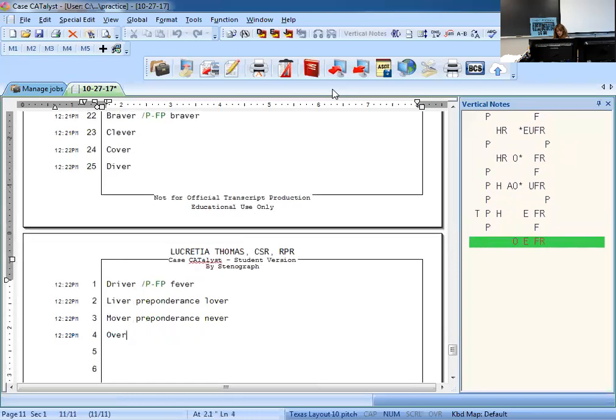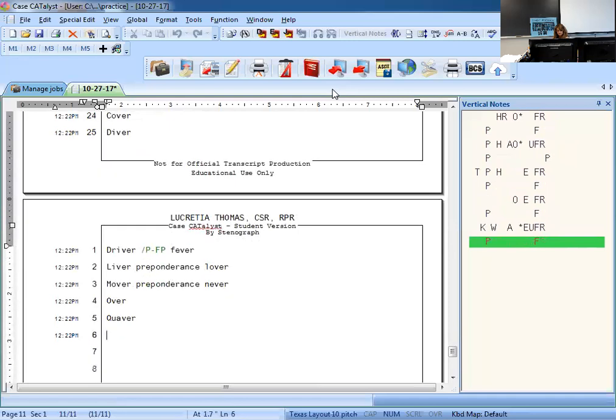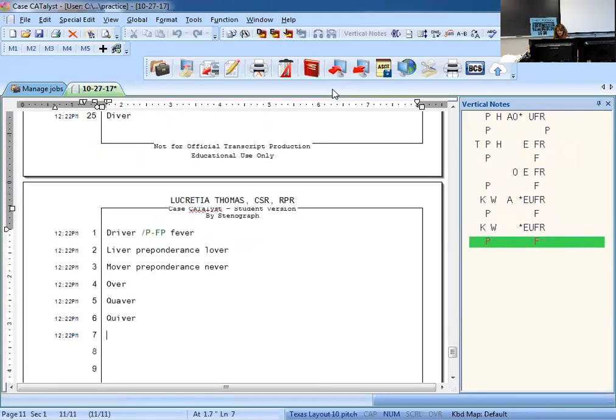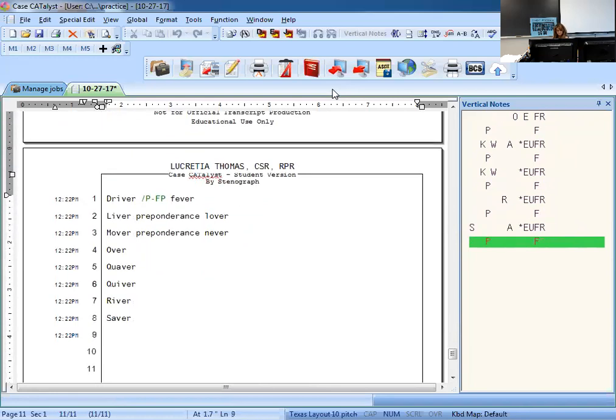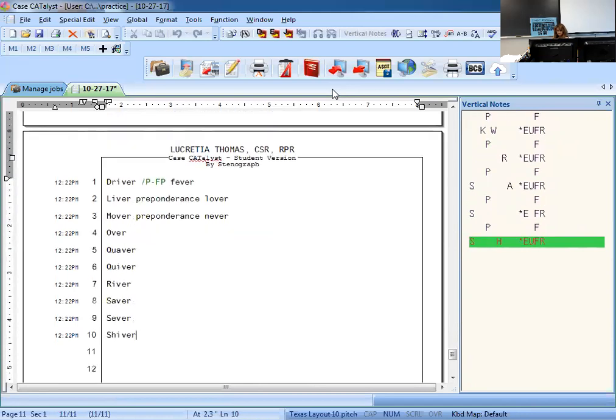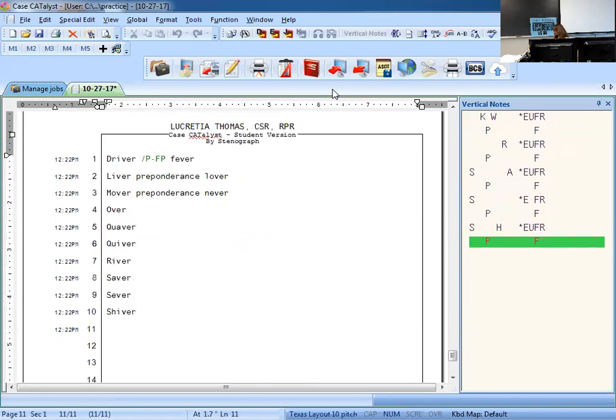Never, over, quaver, quiver, river, savor, sever, shiver, sliver. So just remember that, you all. Sorry, preponderance came out. Sliver is SLIVR. You have to put the asterisk because a V is an F asterisk, okay?